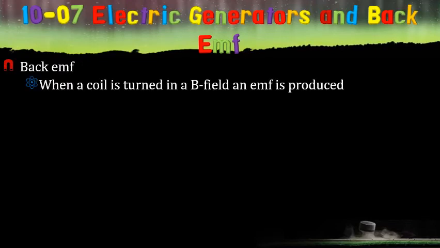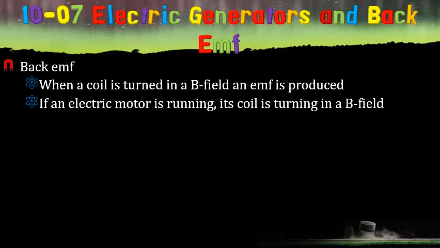There's also something called back EMF. When a coil is turned in a magnetic field, an EMF is produced. If an electric motor is running, its coil is turning in a magnetic field, because to have a motor, we're running a current through a little loop in a magnetic field, and that causes it to turn.